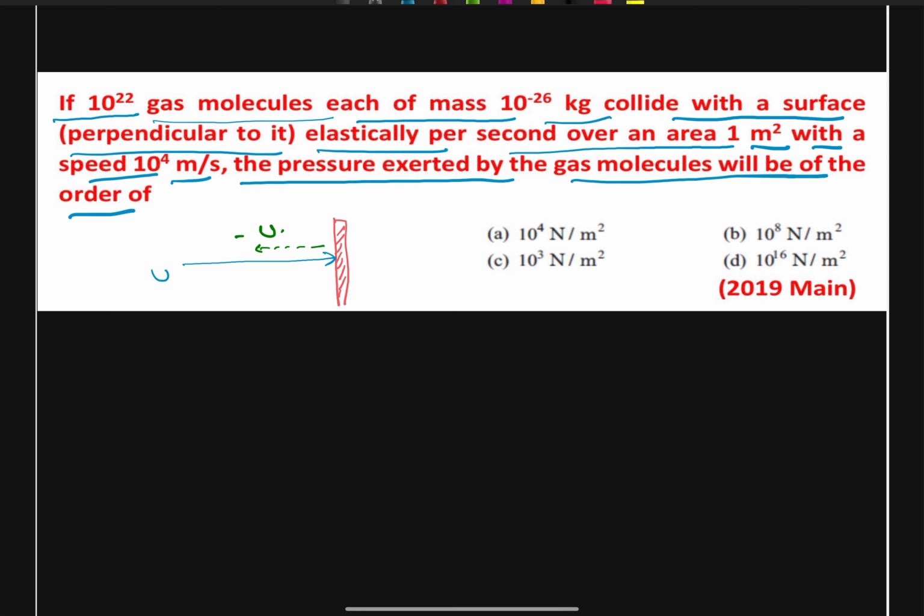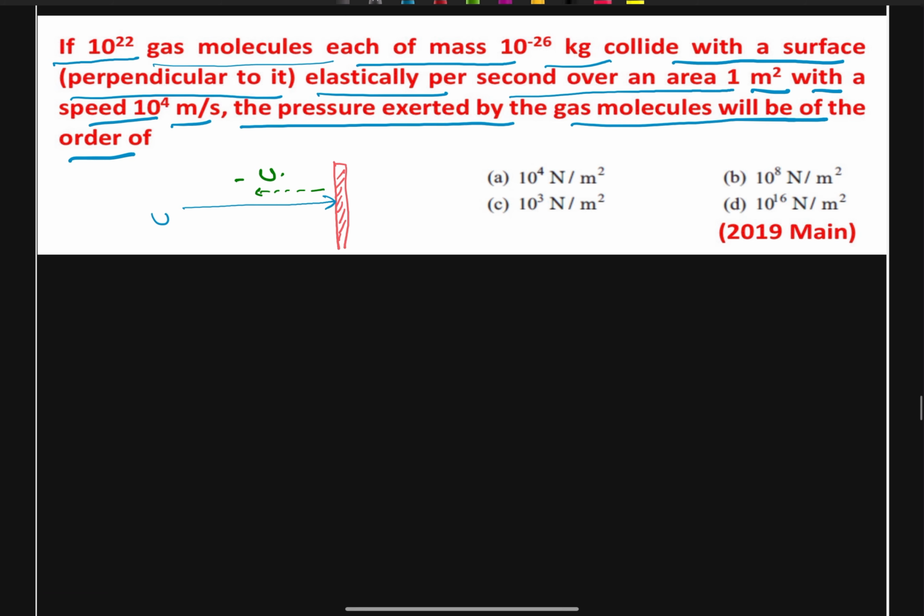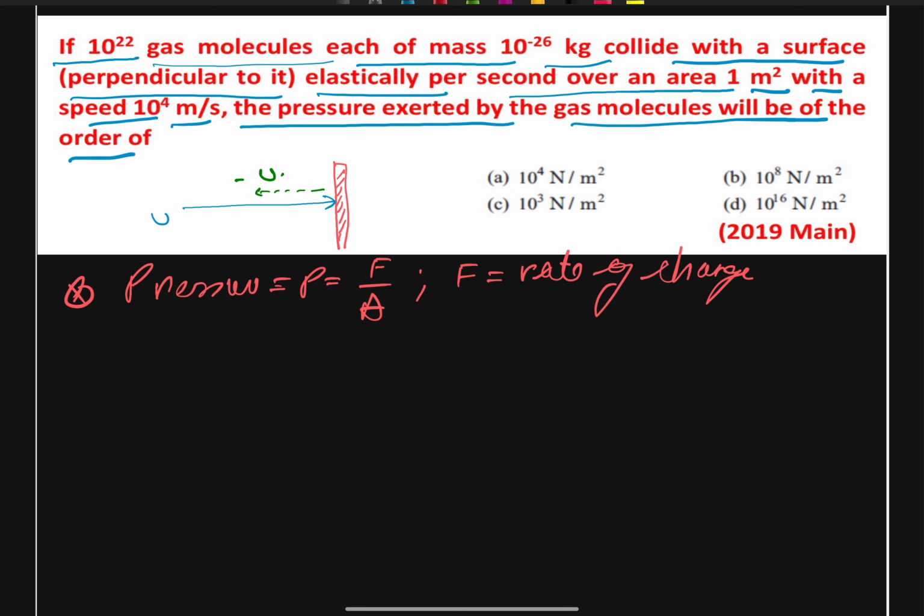So pressure is equal to force upon area, and force is equal to rate of change of momentum. So we can say that our pressure P is equal to force upon area, and our force F is the rate of change of momentum.